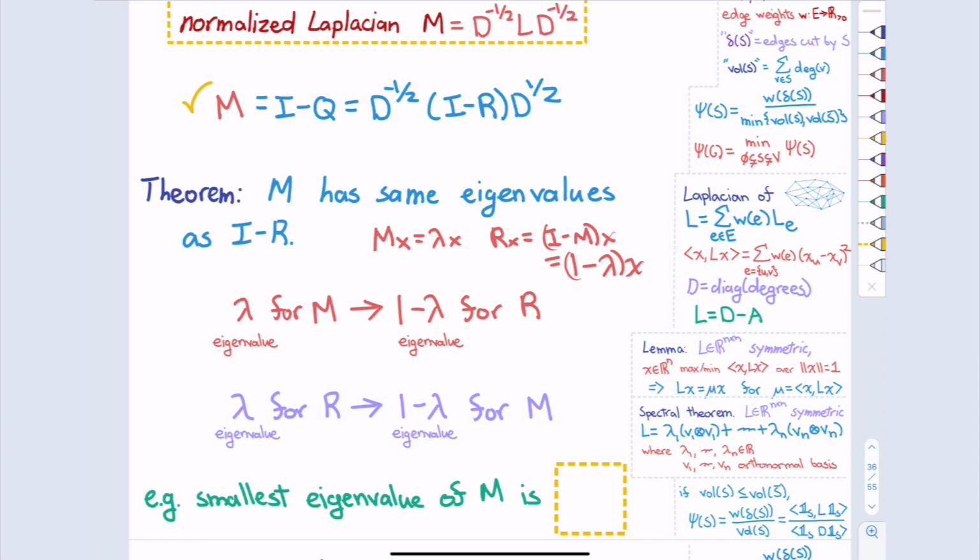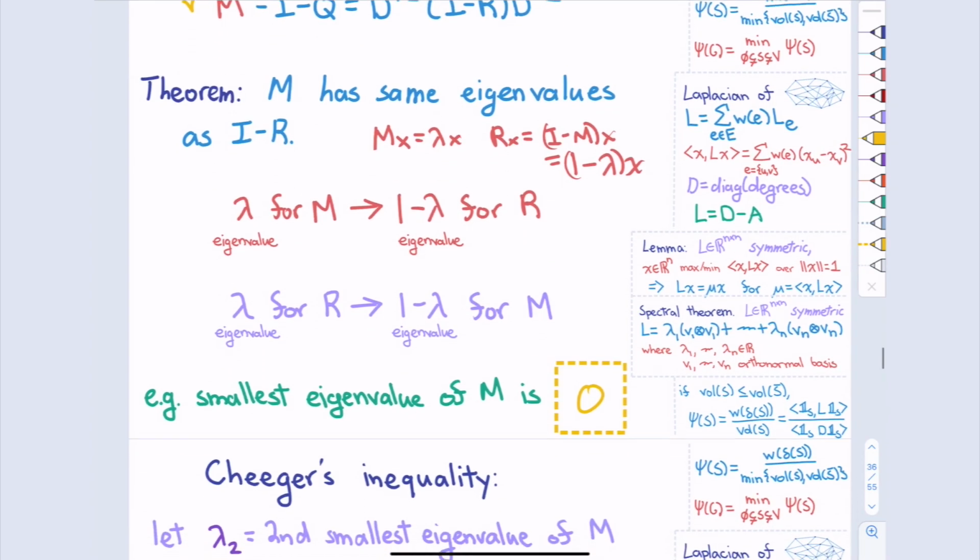So we know that the maximum eigenvalue of r is 1. That corresponds to the stationary distribution. That'll give us our minimum eigenvalue of 0. That also means that the maximum eigenvalue of m is at most 2, because the minimum eigenvalue of r is at least negative 1. So we have this nice correspondence.